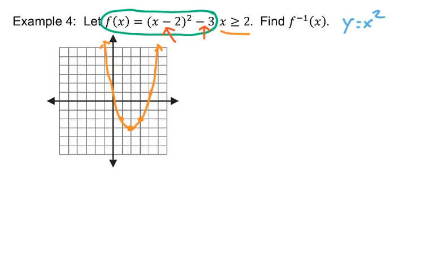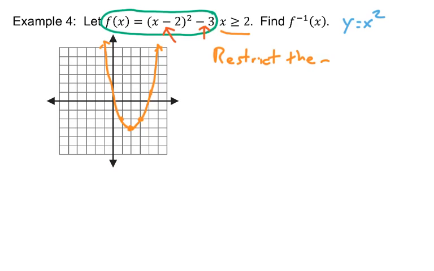Now, what's interesting here? Notice that this function is not one-to-one. Now that's not a bad thing, but what it does mean is that its inverse will not be a function. A little trick we do sometimes when we have a function that's not one-to-one is we restrict the domain.